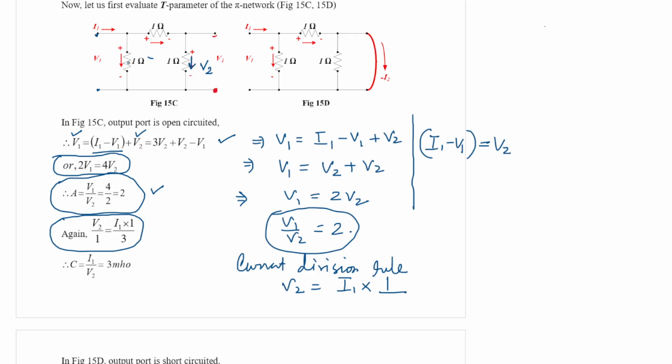Now total resistance is how much? 1 plus 1 plus 1, it is 3. So that is why it is written V2 by 1 is equal to I1 into 1 by 3. So I1 by V2 is equal to C, which is equal to 3 mho.